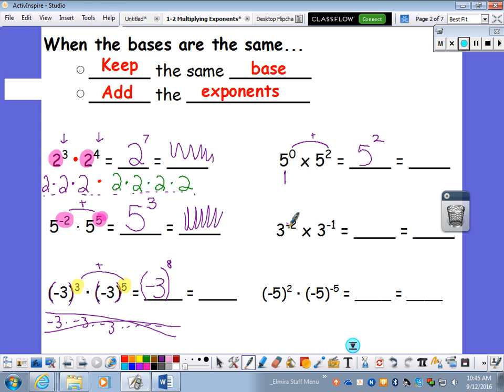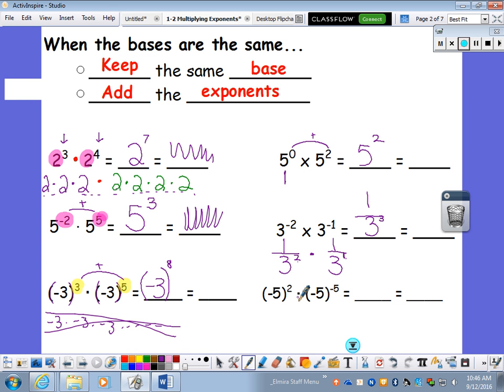So 3 to the negative 2 power actually makes it a fraction, 1 over 3 to the positive 2 power. Okay, times 1 over 3 to the first power. But we're still going to apply the same rules. We're going to say 1 over, then the 2 plus the 1, 3 to the third power.